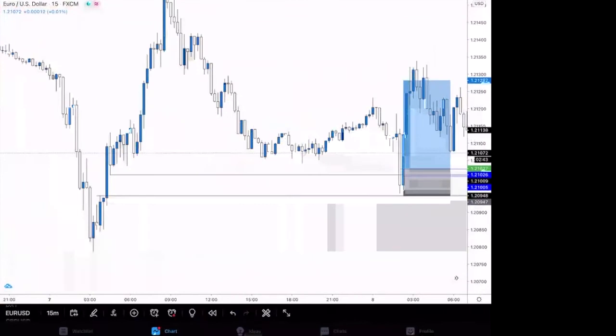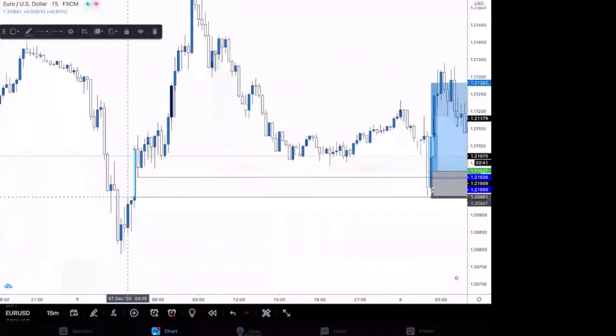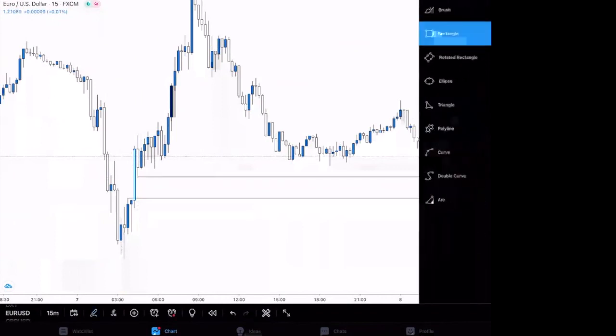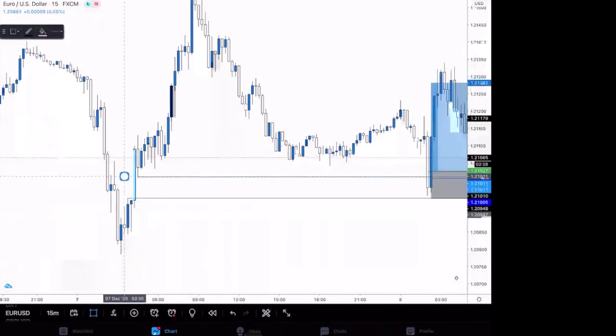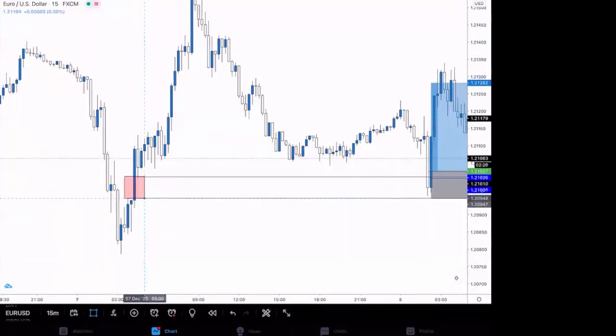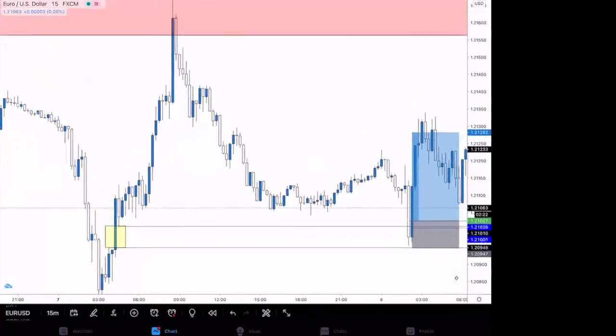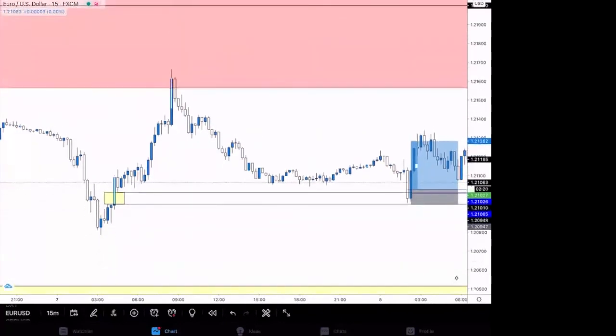If we were to play the imbalance, of course, right? See the imbalance. I'm gonna put this one on the wick before, and put this one on the wick after. You can see the clear imbalance. Right there. Right, you have the breaker structure.